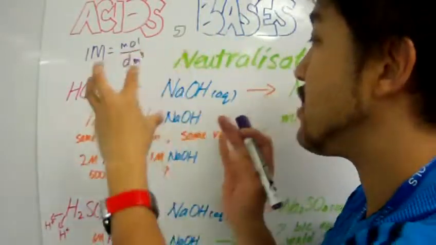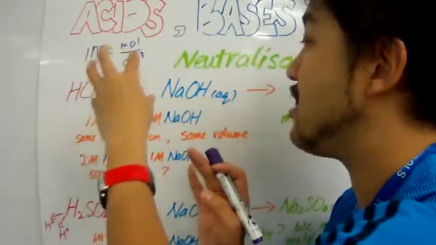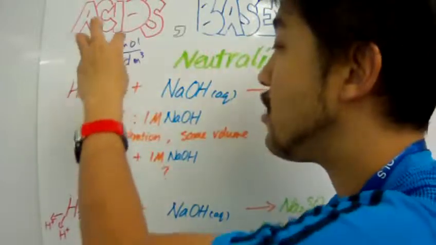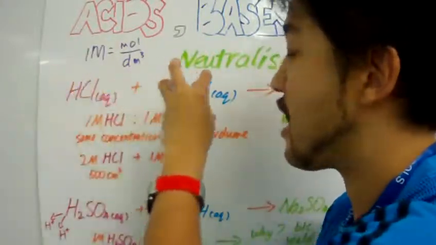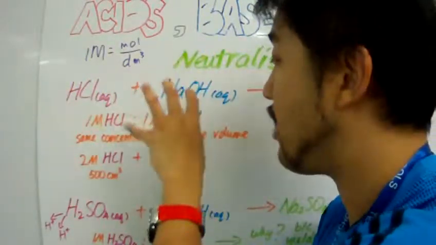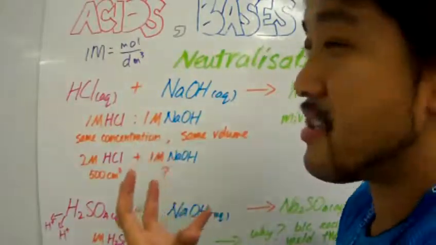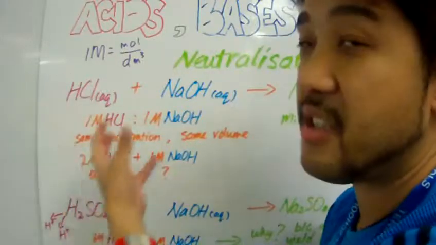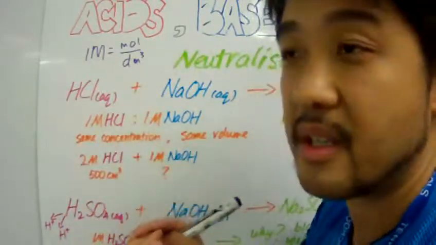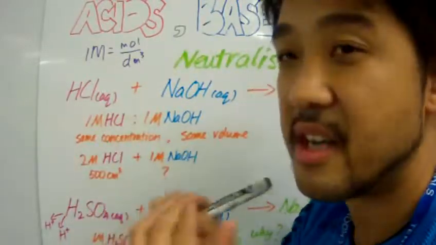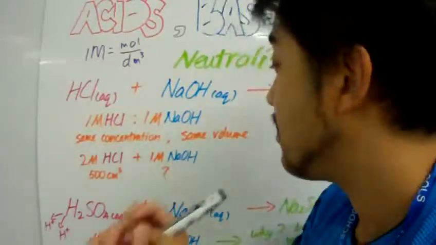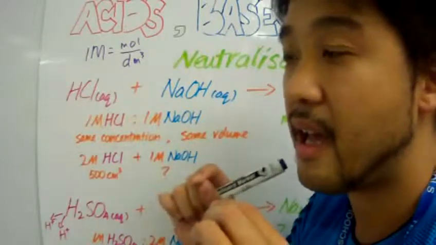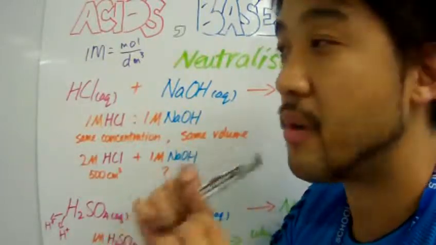Because this reaction has a 1-to-1 stoichiometric ratio, you only need 1 molar of hydrochloric acid reacting with 1 molar of sodium hydroxide. So when the concentrations of the acid and alkali are the same, the volume that you use to neutralize the acid and alkali is also going to be the same.